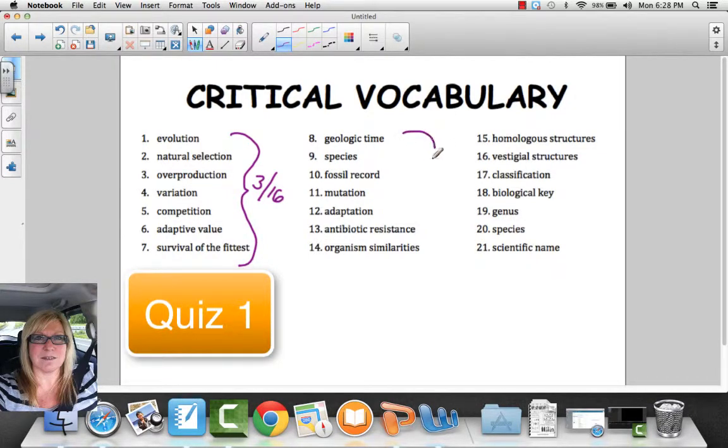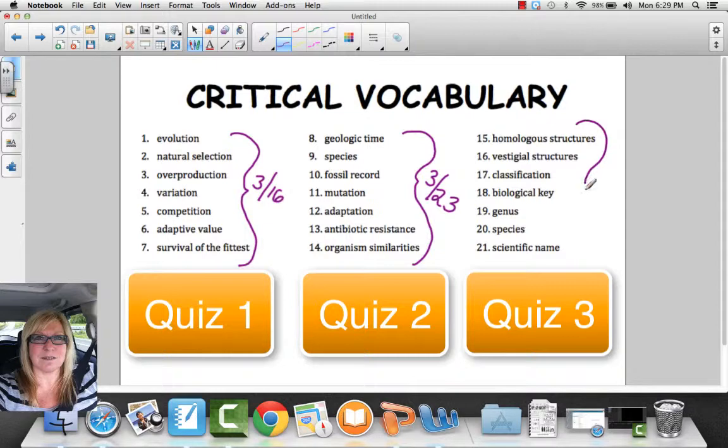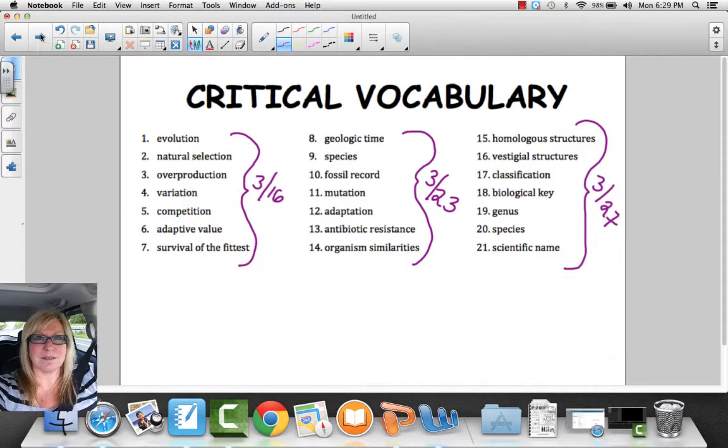And then you're going to have another vocabulary quiz on March 23rd. And then actually we're going to have another vocabulary quiz right at the end of that week before we go on spring break. And that's going to be 3/27. So you're going to want to prepare for this one and then take the next couple of days to study for the last one. So this way we get all the important vocabulary taken care of before you go on spring break.